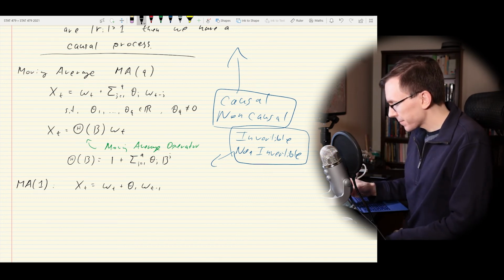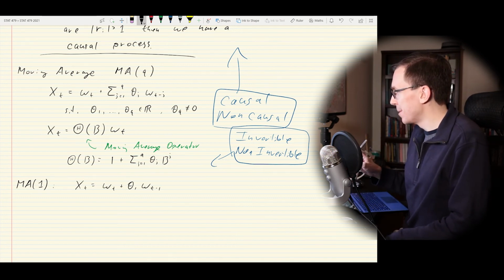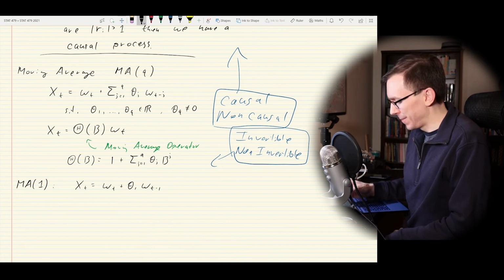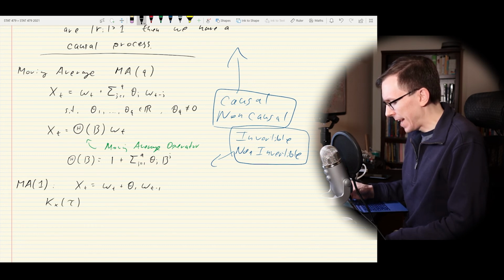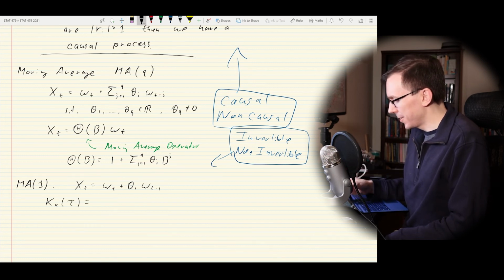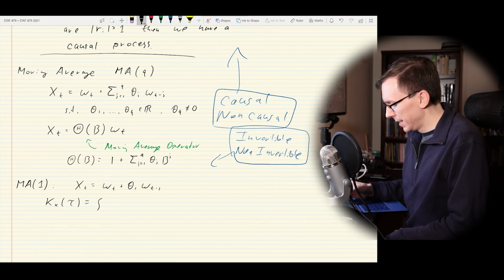Well, I don't think I did this in the previous lecture, but you would have done it in your assignment: if we compute the autocovariance for this thing, it is fairly nice.